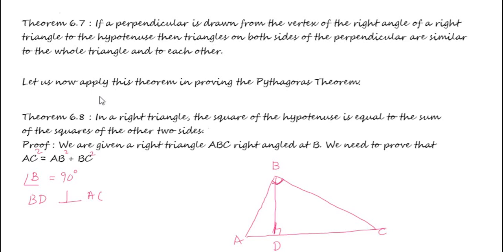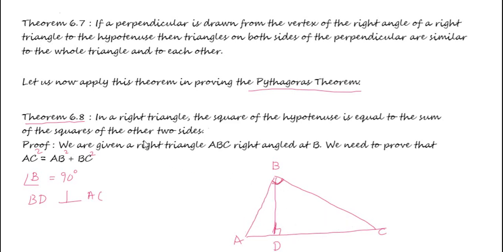Now let us apply this theorem in proving Pythagoras theorem. It is stated in this textbook as theorem 6.8. In a right angle triangle, the square of the hypotenuse is equal to the sum of the squares of the other two sides. This is a right angle triangle ABC, right angled at B.